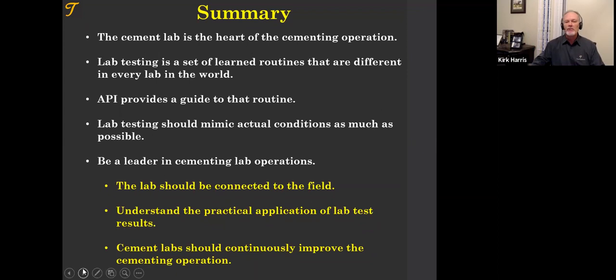Cement labs, my final point, should be continuously used to continuously improve the cementing operation. A concern that I have is now that we're making things more efficient and cost effective, and the service companies are forced to do that, we try to get more uniform slurries, less inventory of additives, more uniform design.